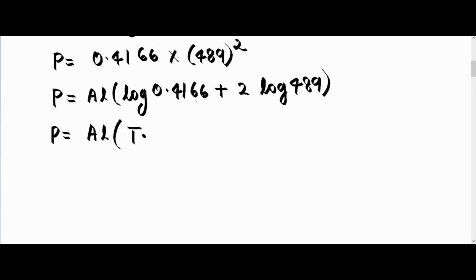Its log value will become 6197 plus 2 into log of 489 will have its characteristics as 2 and its mantissa part will be 6893. So this you can solve using log table. Open your log books, search for number 4166.